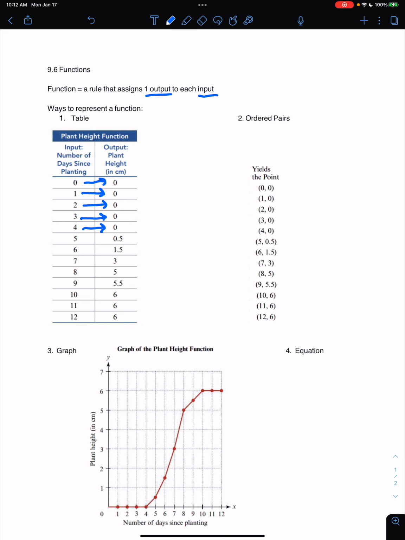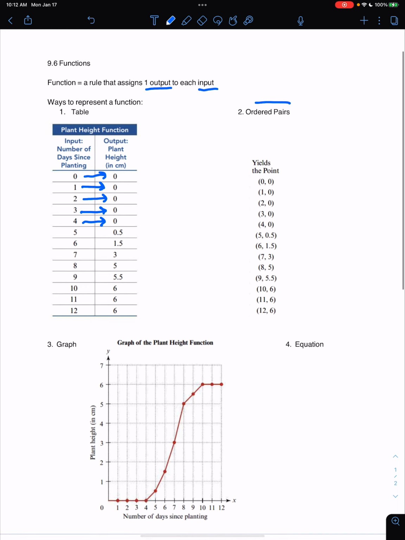Over here, under number 2, I have the same data represented as ordered pairs. Our ordered pairs are always in the order of the X value, comma, the Y value, in parentheses. You can see that here we have 0, 0, and it's the same 0, 0 represented on the table.